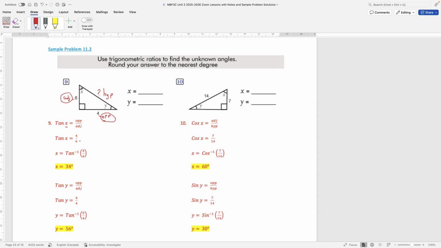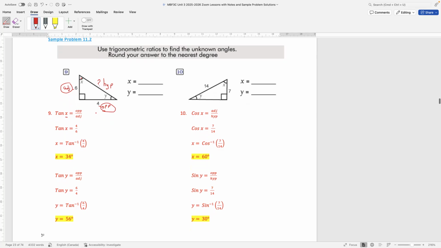You should turn it on first. Second function tan, finally got it. 4 divided by 6, close the bracket, and I'll get 33.69. Round that to the nearest degree, and it works out to be 34 degrees.